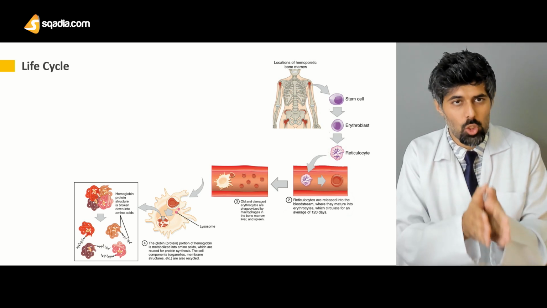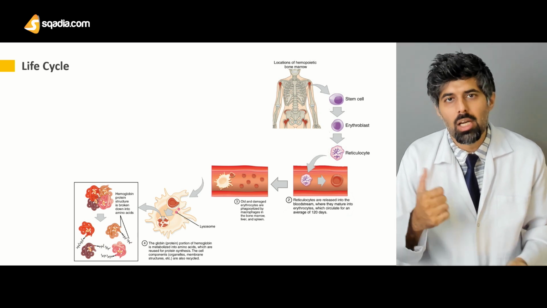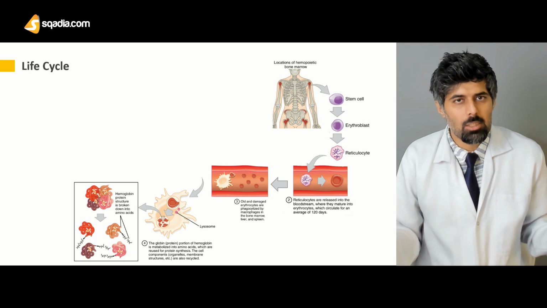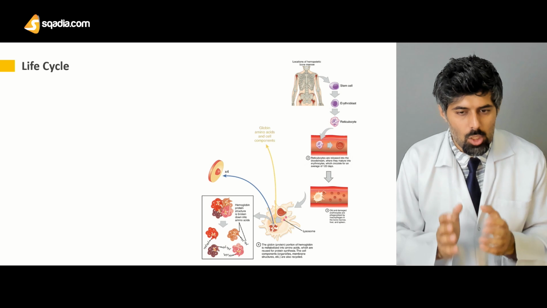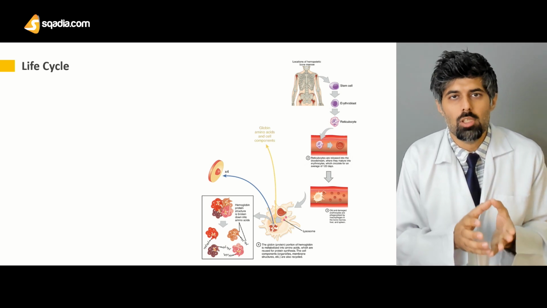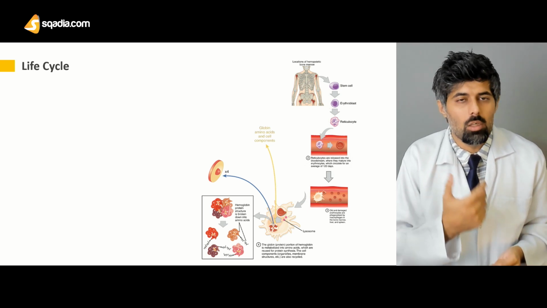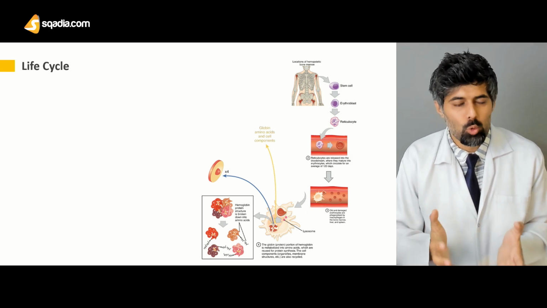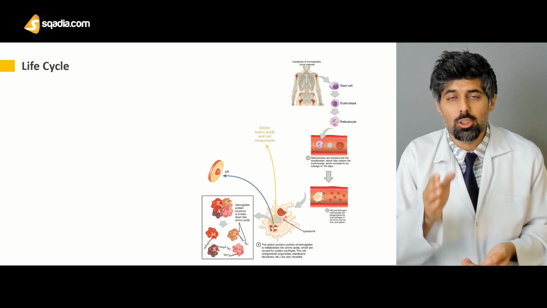The hemoglobin is then further broken down into its heme component and the globin component. Once they are separated, they go their different ways. The heme component, which is found 4 times in one molecule of hemoglobin, and the globin part are both broken down into their smaller units.